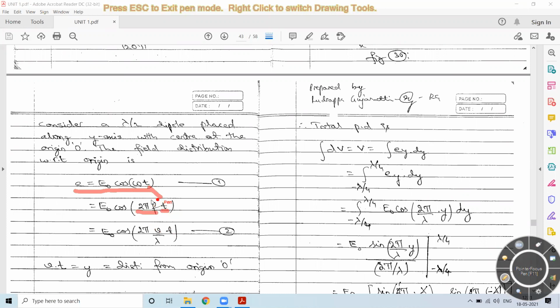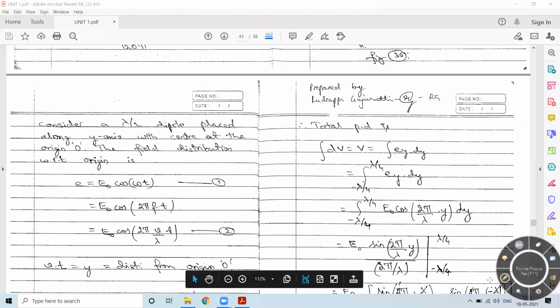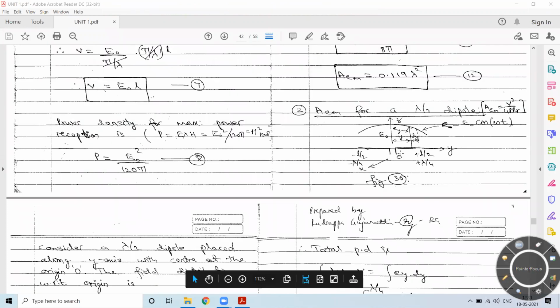So what is the frequency equal to? Frequency is given by the velocity of the wave divided by the operating wavelength, v divided by lambda. Now, what does velocity into time give? Velocity into time gives you the distance which the wave travels. In this case, the distance traveled is along the y-axis, that is, the y parameter.